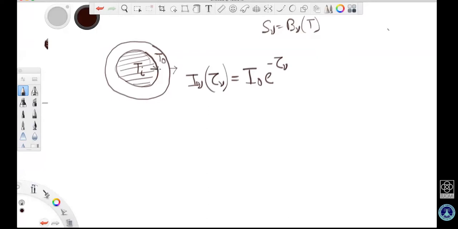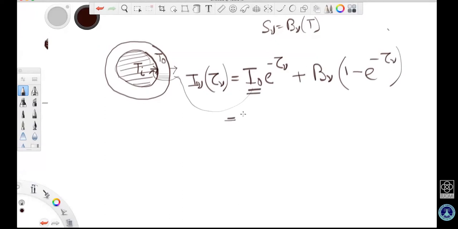Suppose this is the radiation that is falling on this medium, and so B nu times 1 minus e to the power minus tau. That is the solution we had. This is what I'm saying is the radiation falling on the inner side of the atmosphere.